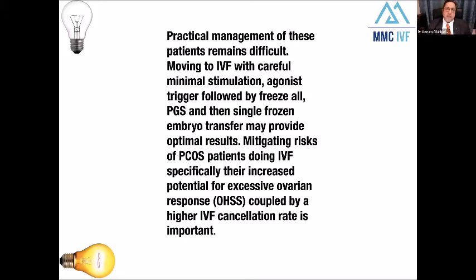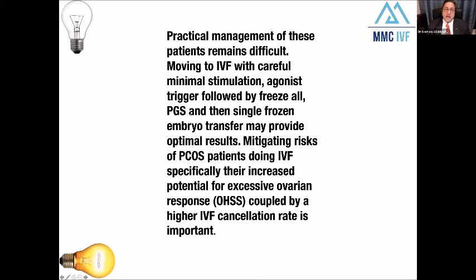Today, when we do IVF, ideally we can do minimal stimulation, and to prevent OHSS, we use something called an agonist trigger. And then we never do an embryo transfer in the same cycle. We do something called a freeze-all. That means all the embryos generated are grown to day 5. When they are 5-day-old embryos, you freeze all of them.